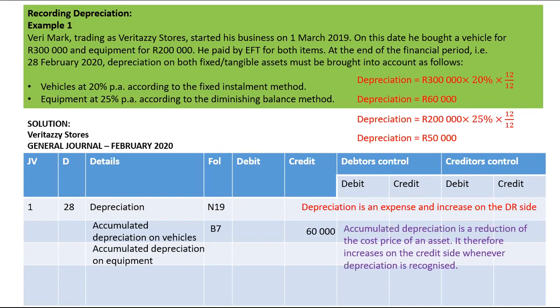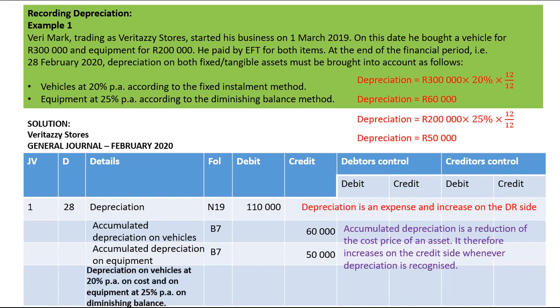It therefore increases on the credit side whenever depreciation is recognized. And accumulated depreciation on equipment will be that 50,000 rand. You add the two, that will give you a total depreciation expense for the year, which will be 110,000 rand. That's how we will record this in the general journal.